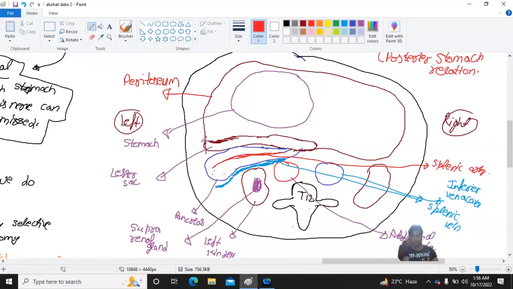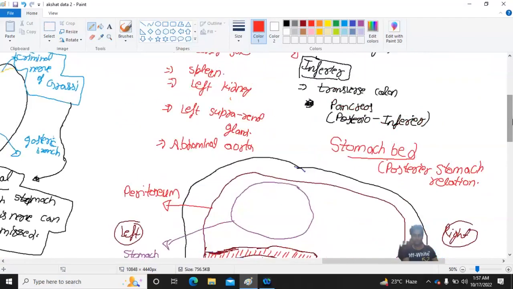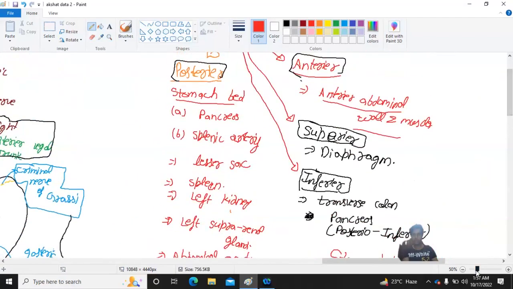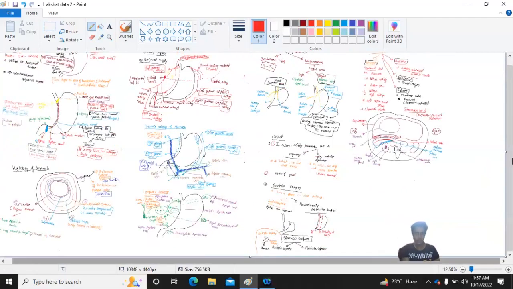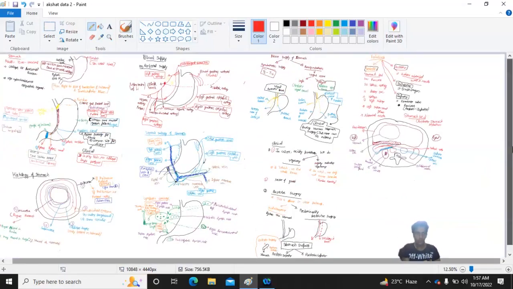Then, this important section, remember: this is the lesser sac. It is a blind space between the peritoneum folds, anterior and posterior basically, and the stomach is completely inside. The stomach is covered by the anterior layer and the posterior layer. So our whole stomach is complete.